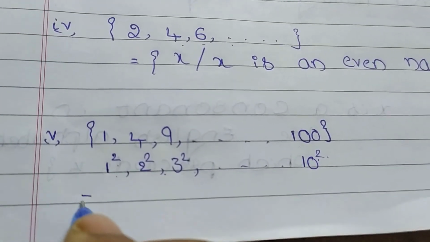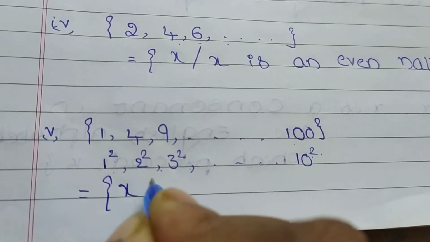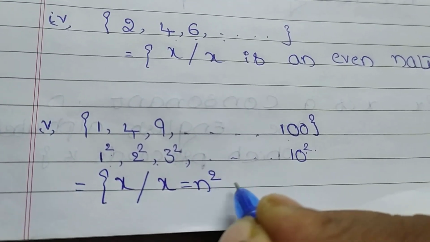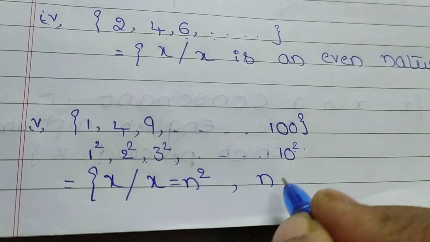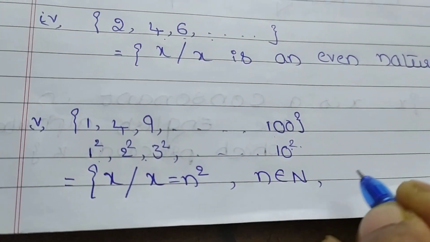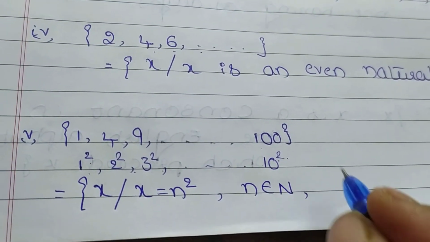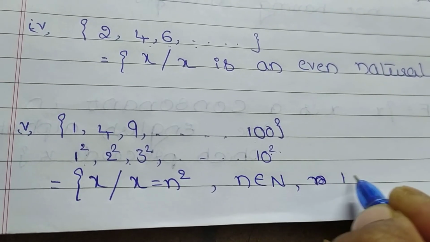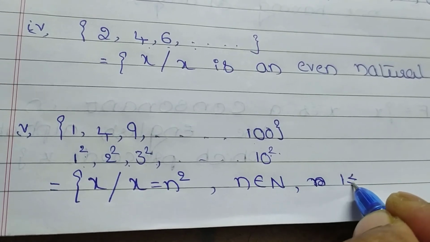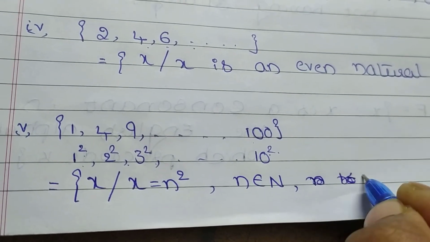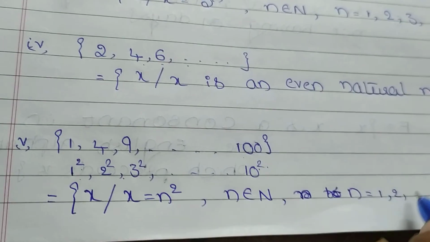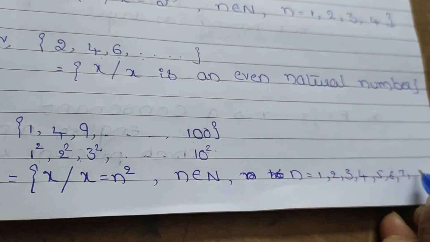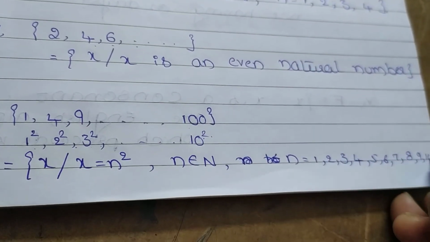So this can be written as x such that x equals n power 2, such that n is a natural number and n will take the values 1, 2, 3, 4, 5, 6, 7, 8, 9, 10.